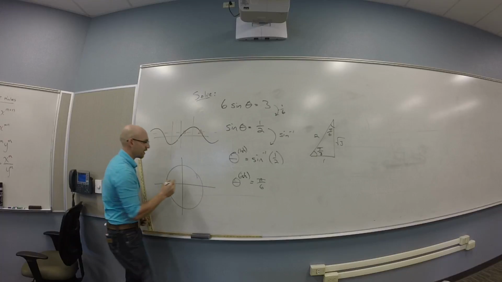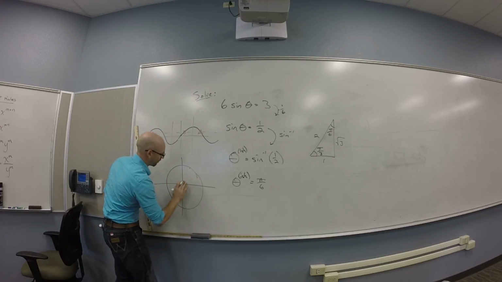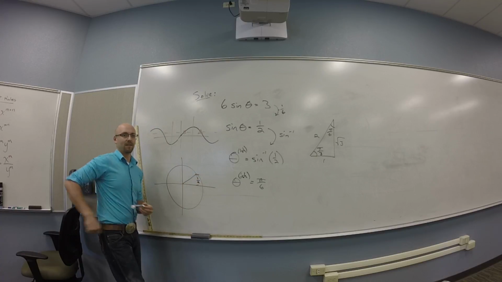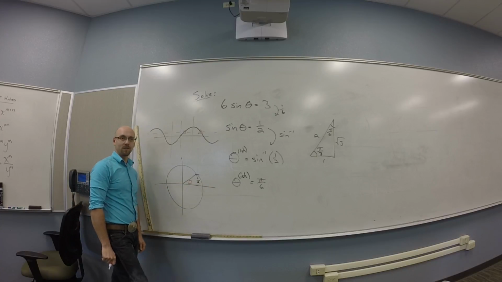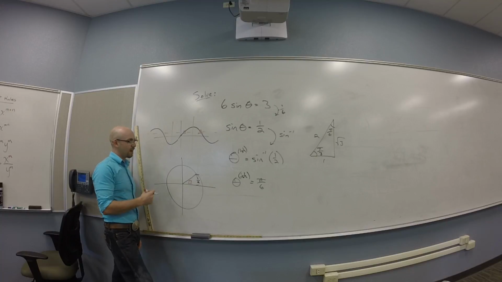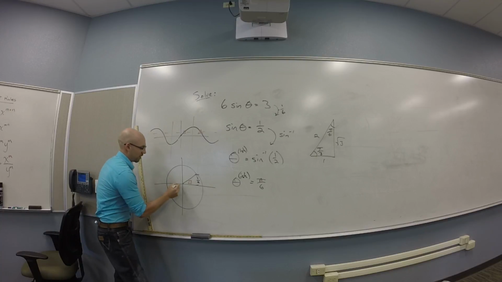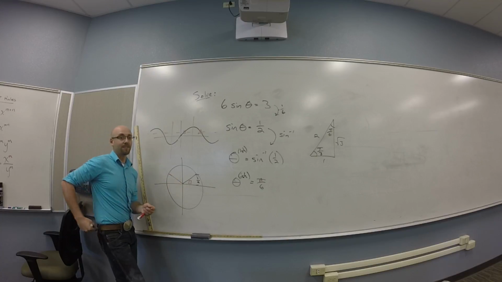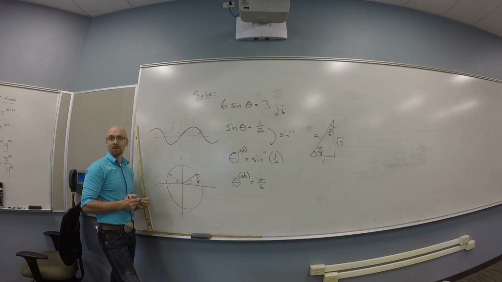Okay, so this is half, so that's that first angle, that's that pi/6 I got. Where else is that height a half in the unit circle? Back over here. But sine inverse doesn't cover that. That's where that triangle one's coming from.